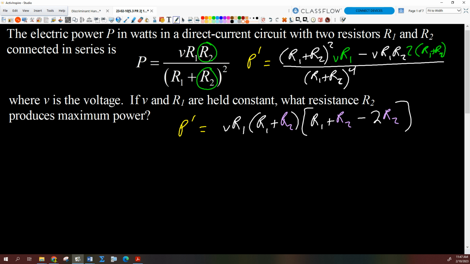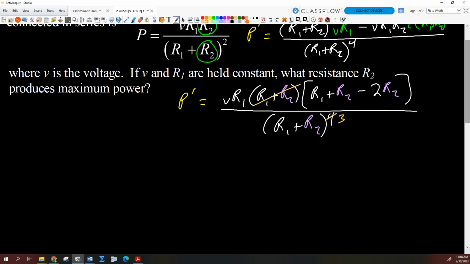Everybody see that? Okay, divided by R1 plus R2 to the fourth. So we could cancel one of those factors, right? We could cancel that guy and make that cubed. And then if we clean that up, we get P prime equals this constant, which we don't really care about, VR1 times, what's this all going to be?